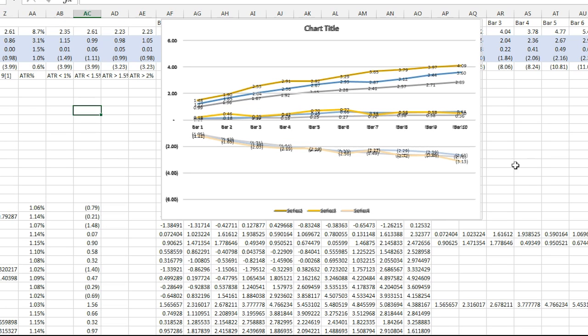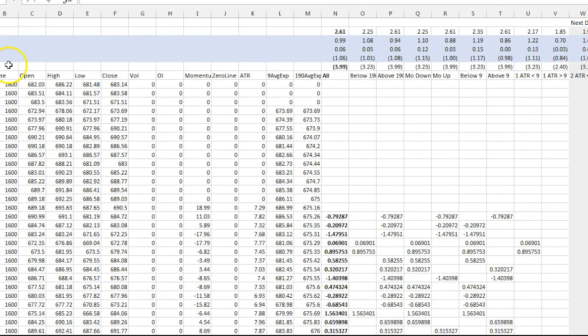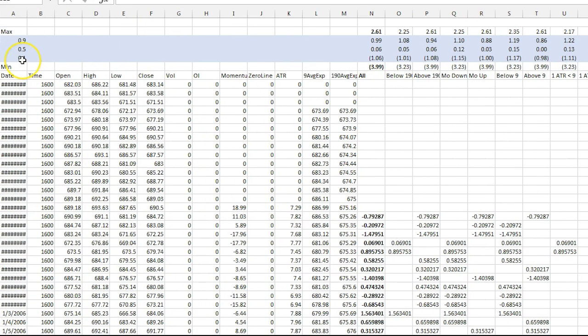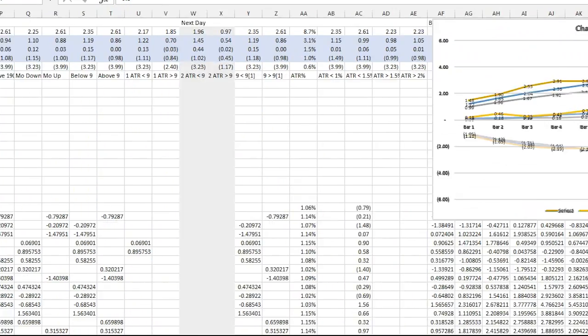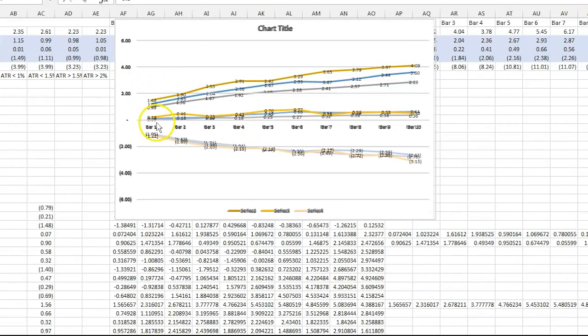I'm looking for the 10th percentile up to the 90th percentile. So we're getting that 80 percentile range, and I also have in here the median, or the 0.5 percentile of moves, and then that's plotting it out.